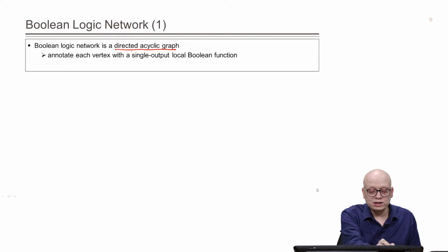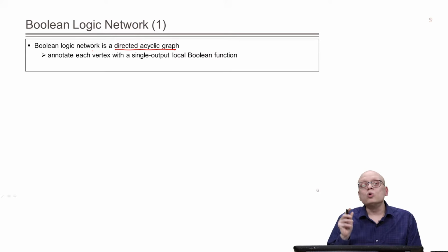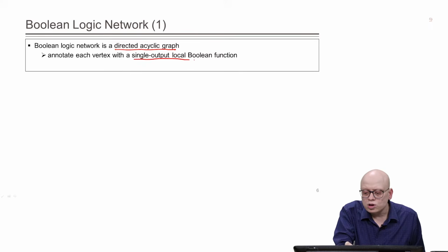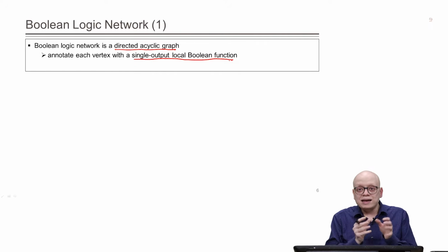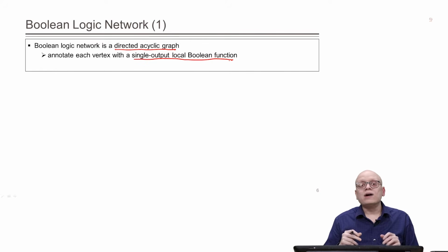The Boolean logic network is also a graph, but in this case the vertices are local functions, and on each vertex we annotate a single-output local Boolean function, and then we connect one vertex to another vertex to define the dependency among various vertices.